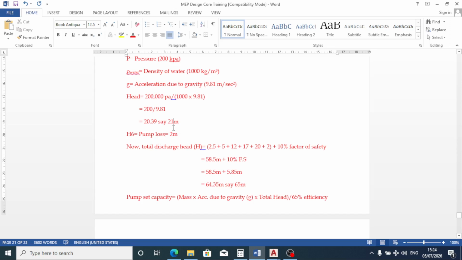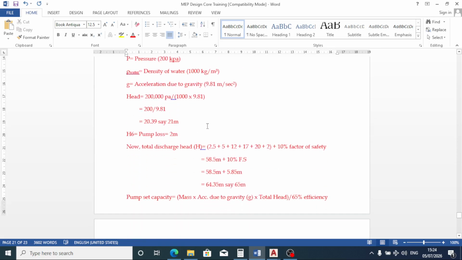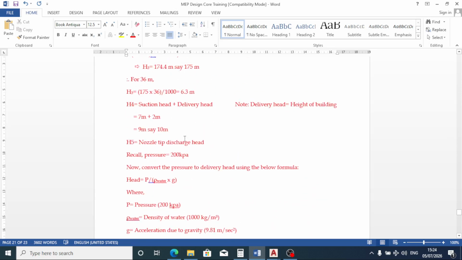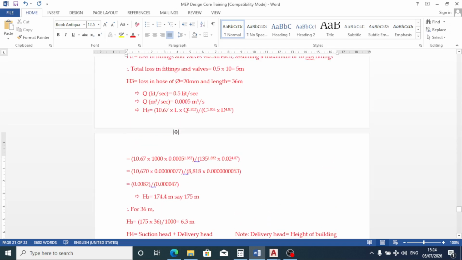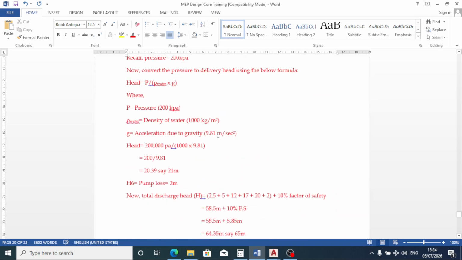So now bringing all these heads we've calculated into the general formula to get the total head. What is our H1? Remember, we got 1.4. Am I correct? Yes, 1.4.